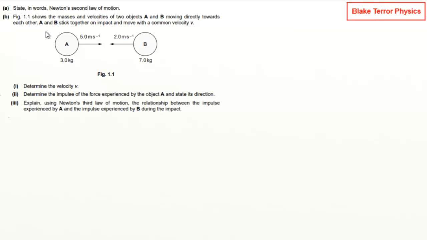Then we've got figure 1.1. We've got the masses and velocities of two objects. They're moving directly towards each other. They hit each other and stick together, moving with a common velocity v. Determine the velocity v. So we want to do conservation of momentum on this one. Let's take positive going off to the right.